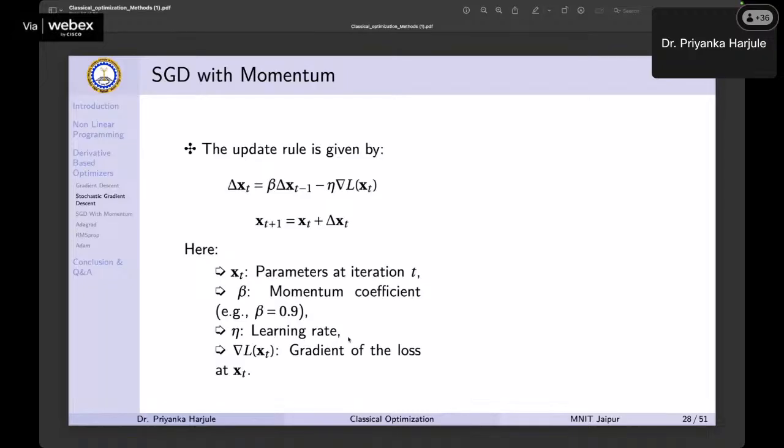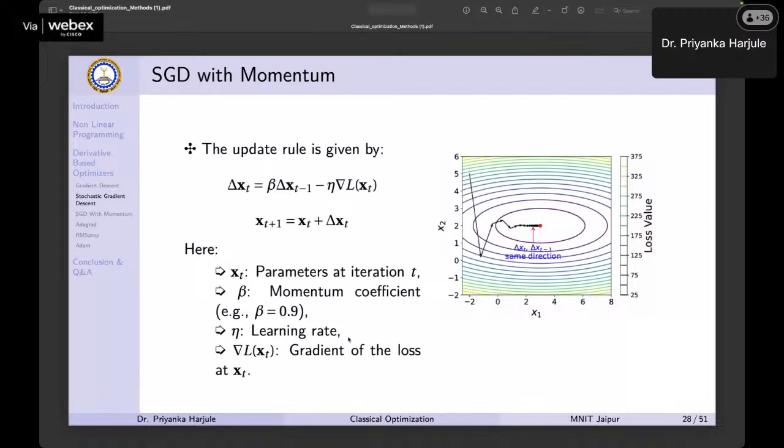This means that the current update, that is the change for the next update, is a combination of a fraction of the previous update, delta x_(t-1), and the current negative gradient, that is gradient of L of x_t. So instead of only considering the current slope like the vanilla gradient, this adds inertia from the past movement. That is what is called momentum.